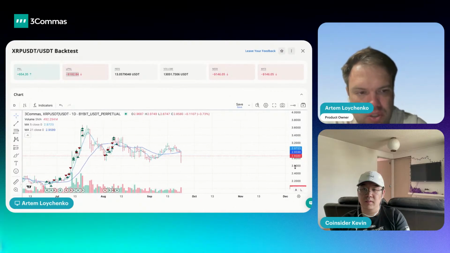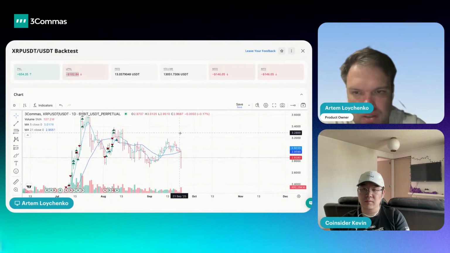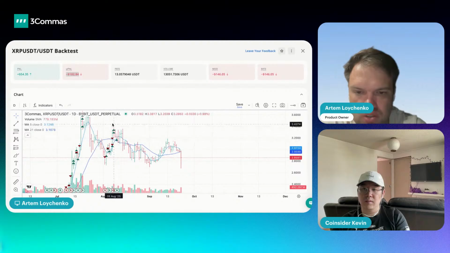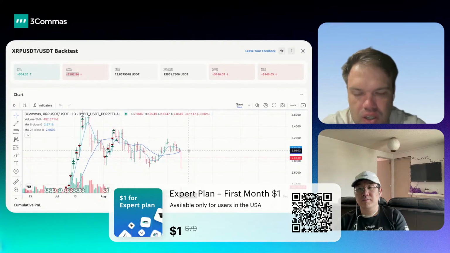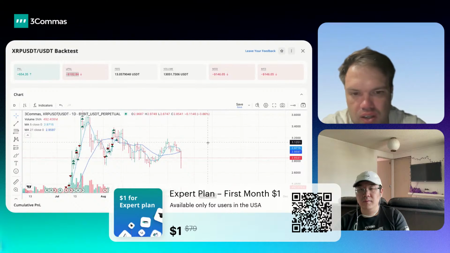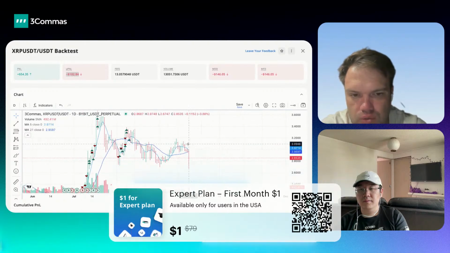So we tried this volatile setup here on XRP, and we see that we got into trade one on August 9, right? And we're still in the position, even though our take profit is in conditions. So today we would be out of the market.